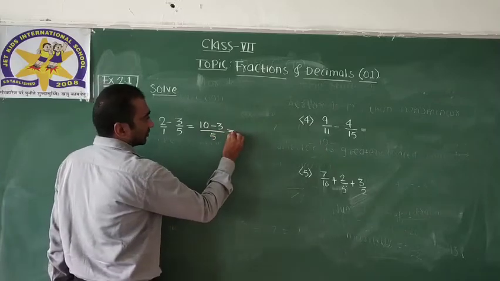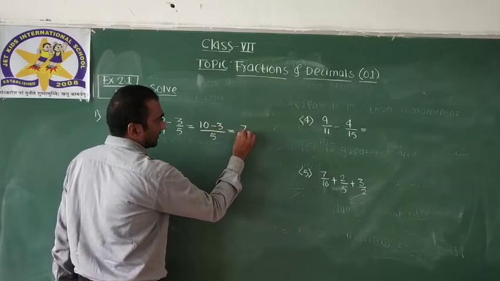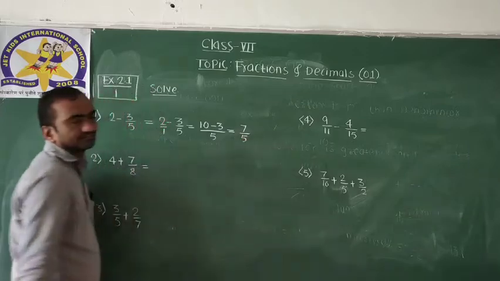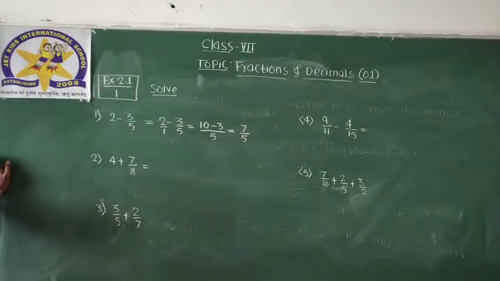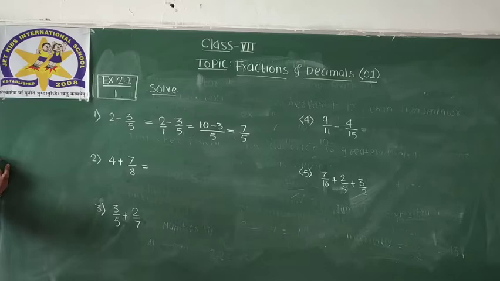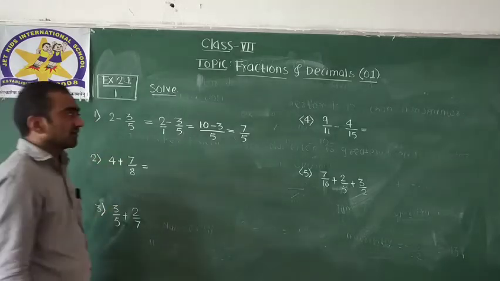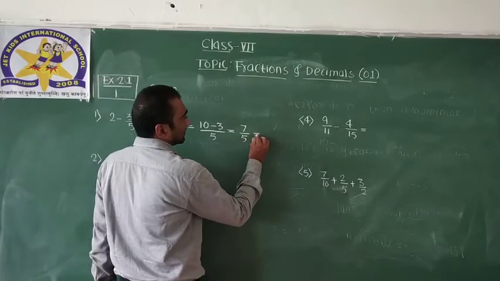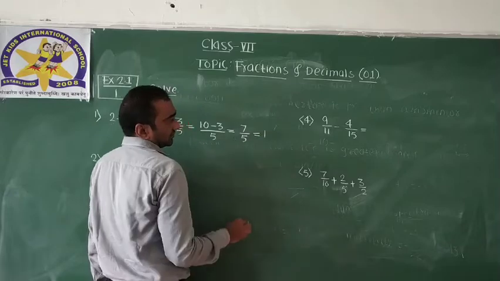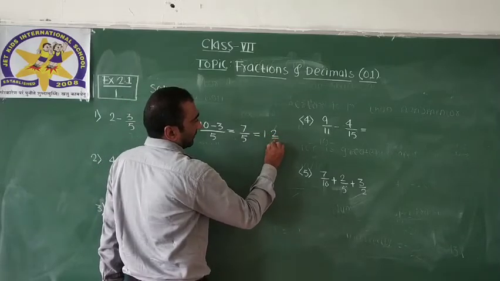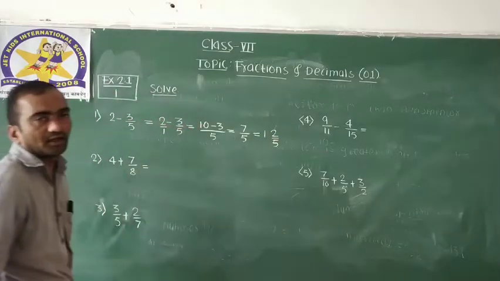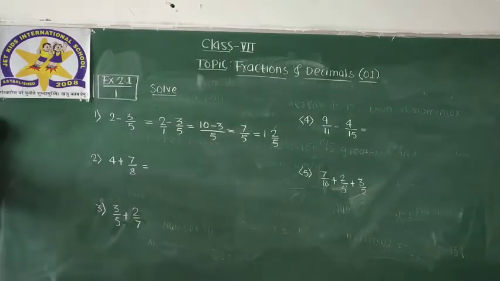Make calculation in numerator, 10 minus 3, 7, divided by 5. Answer of the first question is 7 divided by 5. We can write it in mixed fraction form as 1 integer 2 by 5.